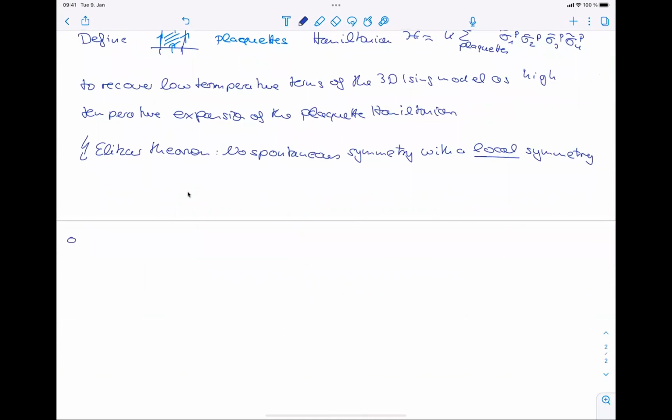So that was the first part of last week, and then we started looking into mean field theory, which we will continue today.